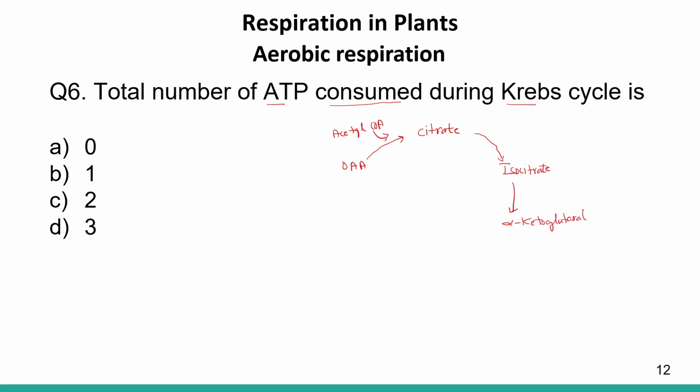In this step, NAD is converted into NADH, and carbon dioxide is released. There is decarboxylation. So this becomes a 5-carbon compound.